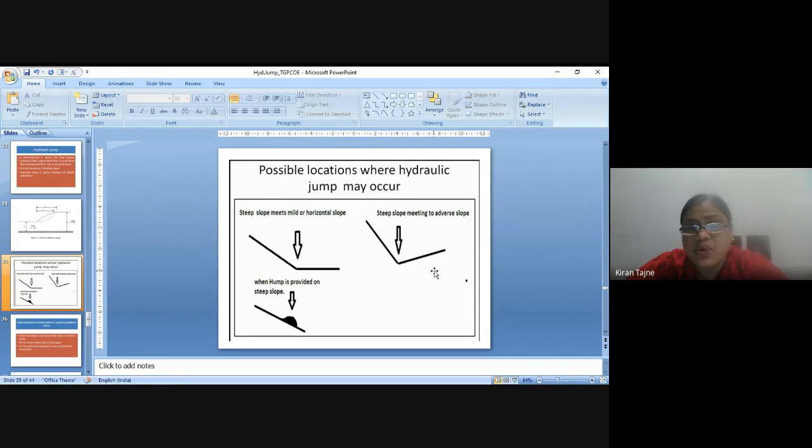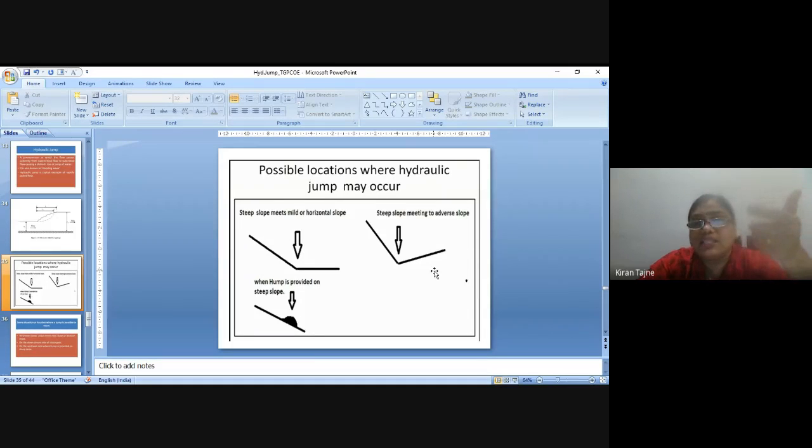These are some locations where the hydraulic jump may occur. First is when a steep slope meets a mild or horizontal slope, then the hydraulic jump may occur.